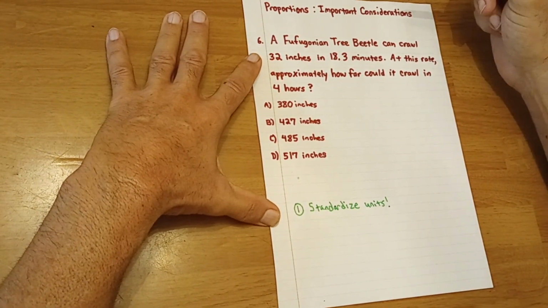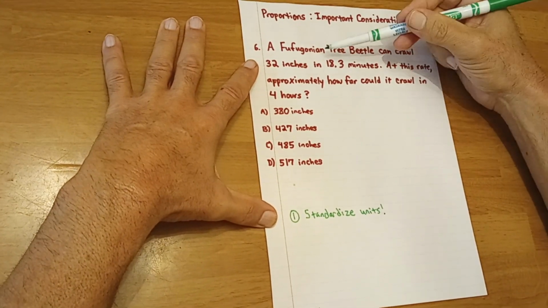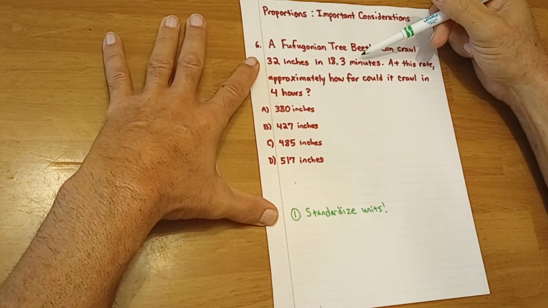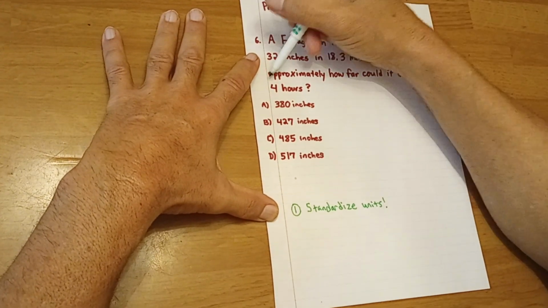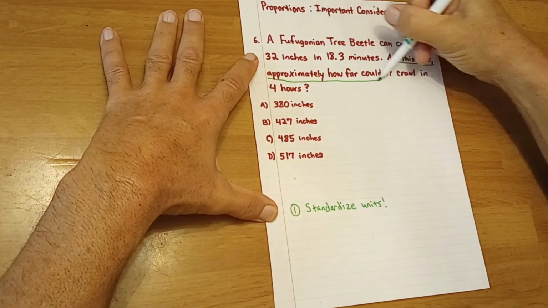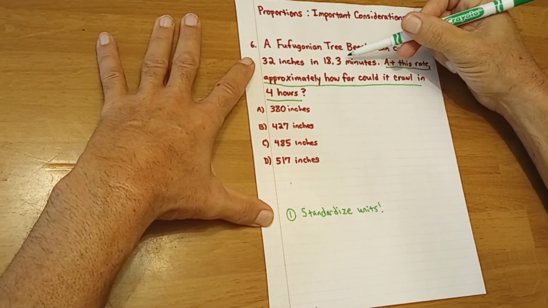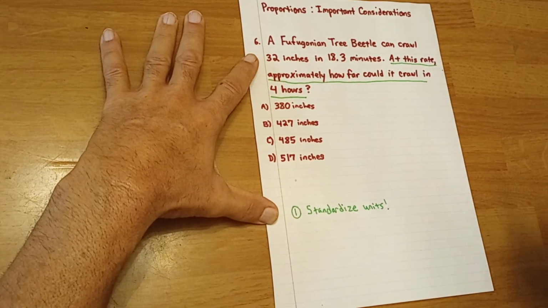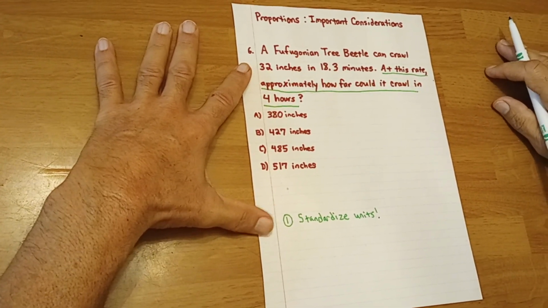Here they're saying that this beetle can crawl 32 inches in 18.3 minutes, but then they're asking at this rate approximately how far it could crawl in 4 hours. So now they're mixing minutes and hours, and that's going to create a problem when we do the math if we don't standardize the units.